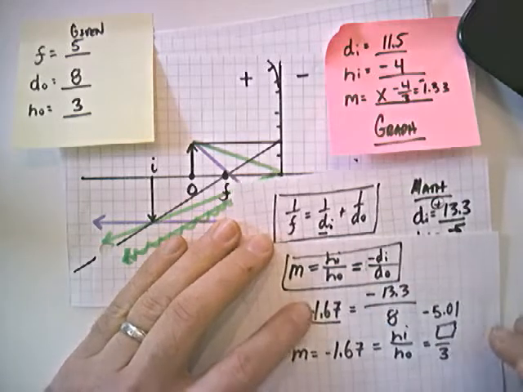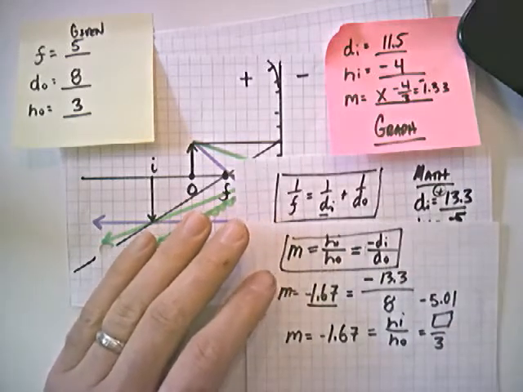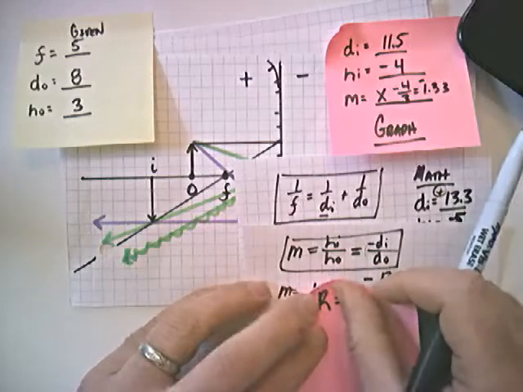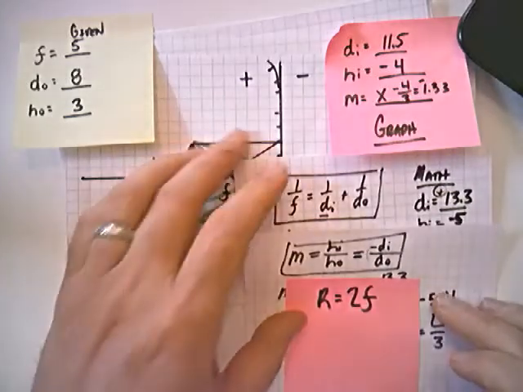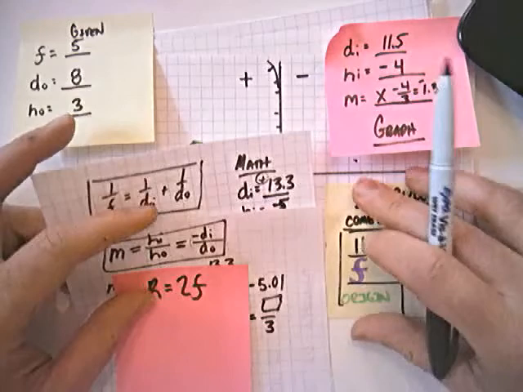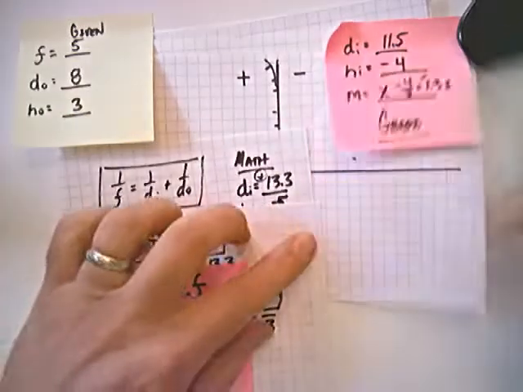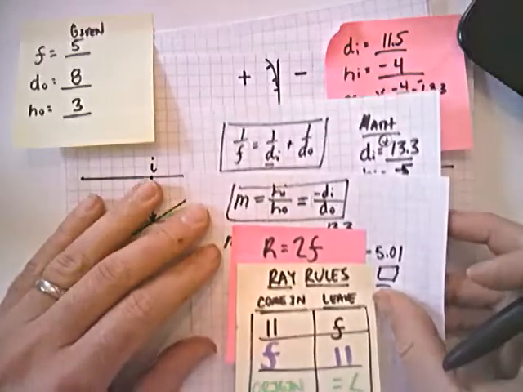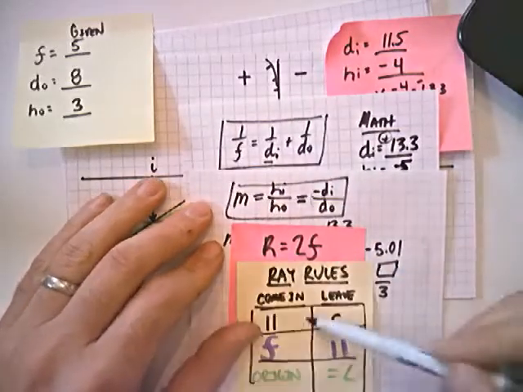And we put that together with the things that we learned previously, like our R equals 2F, and last but not least, our ray rules. So it's already starting to add up a little bit here, right? We're up to all these things now.